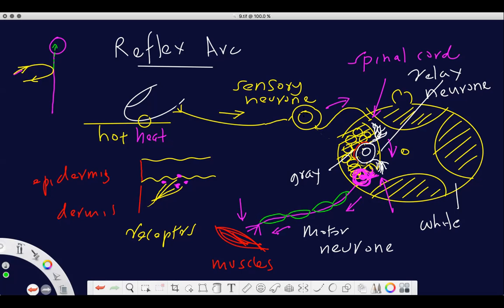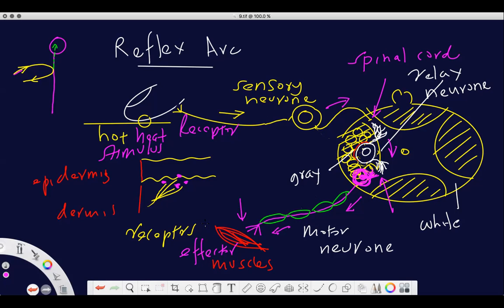Then the other two neurons, the motor neuron and the relay neuron, have their cell bodies inside the spinal cord, and they can communicate sensory neuron information to the effector. So we can say this is the effector: contraction of the hand is the effector. This is the stimulus, and that's the receptor.